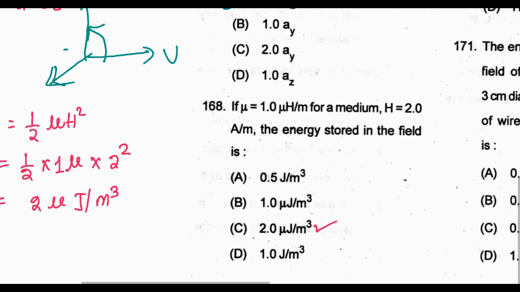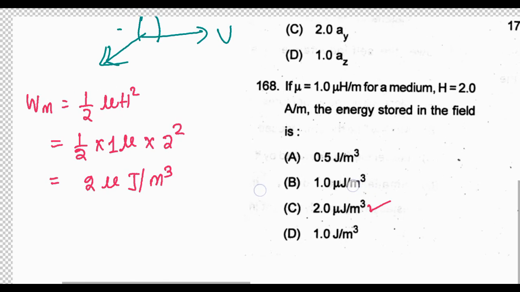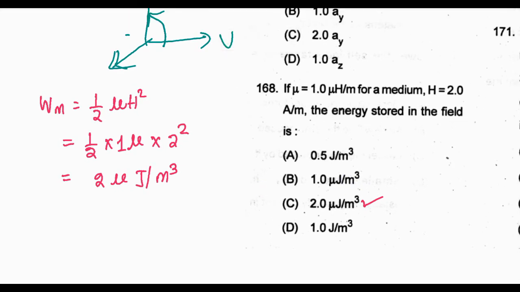Next question is 168. If mu is equal to 1 microhenry per meter for a medium and H is equal to 2 ampere per meter, the energy stored in the field is? Energy stored is given by half mu H square.